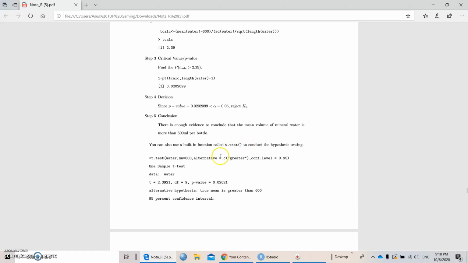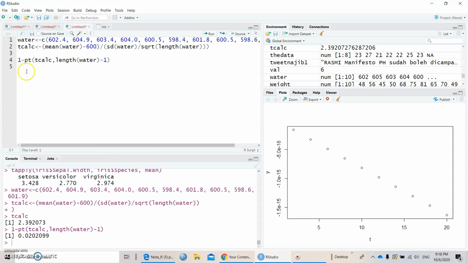You can also use a built-in function to conduct the hypothesis testing. We use the t.test function. t.test, put the data which is water, and then we want to test mu equal to 600.